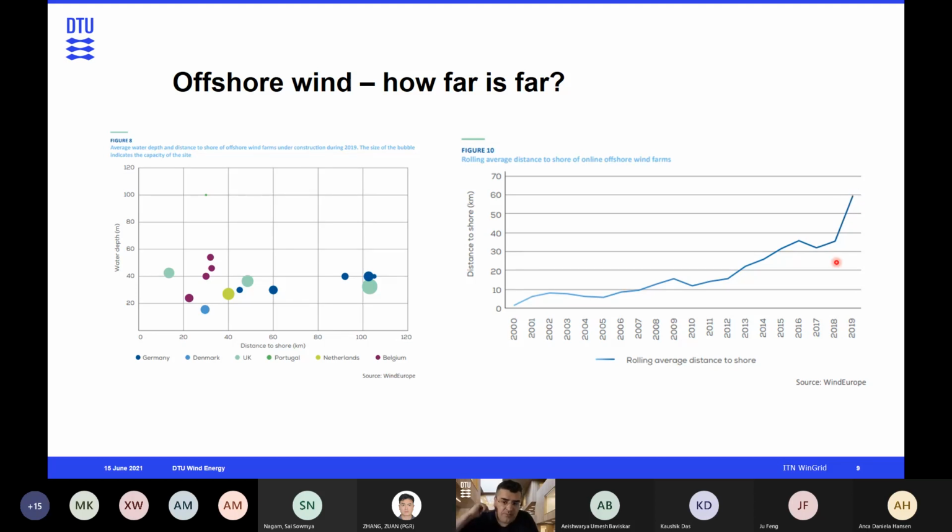To get this steep increase means that the new projects are coming much further out in the North Sea compared to the previous ones, almost doubling the distance to 60 kilometers on average. And I think that's very important because it plays a very big role in grid connection and transmission for offshore wind. So hopefully you get the idea that offshore wind is really big business in all directions right now.